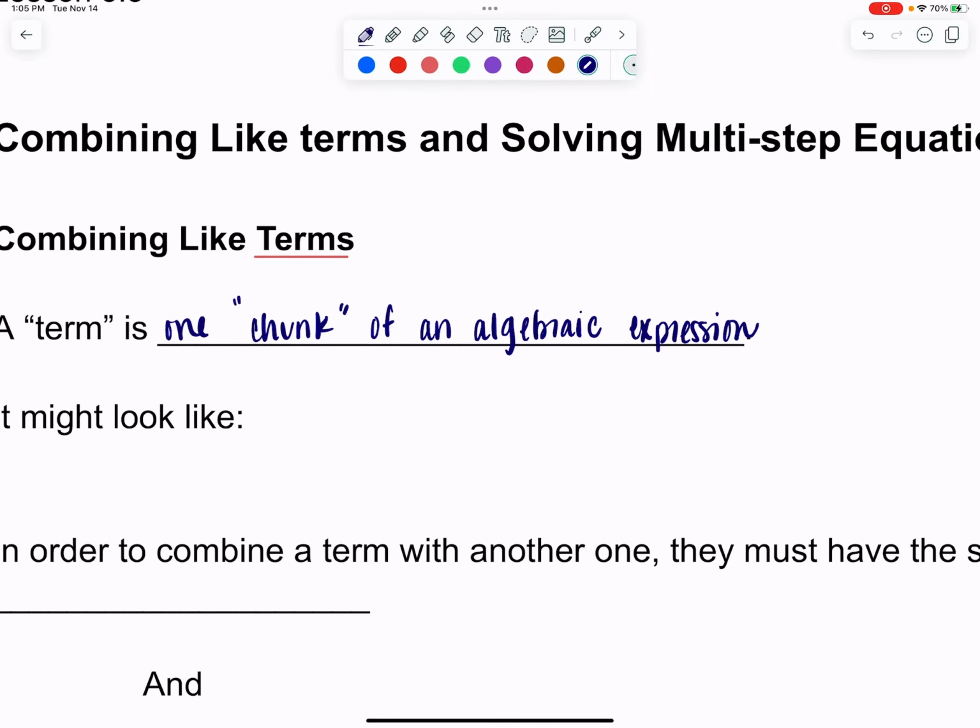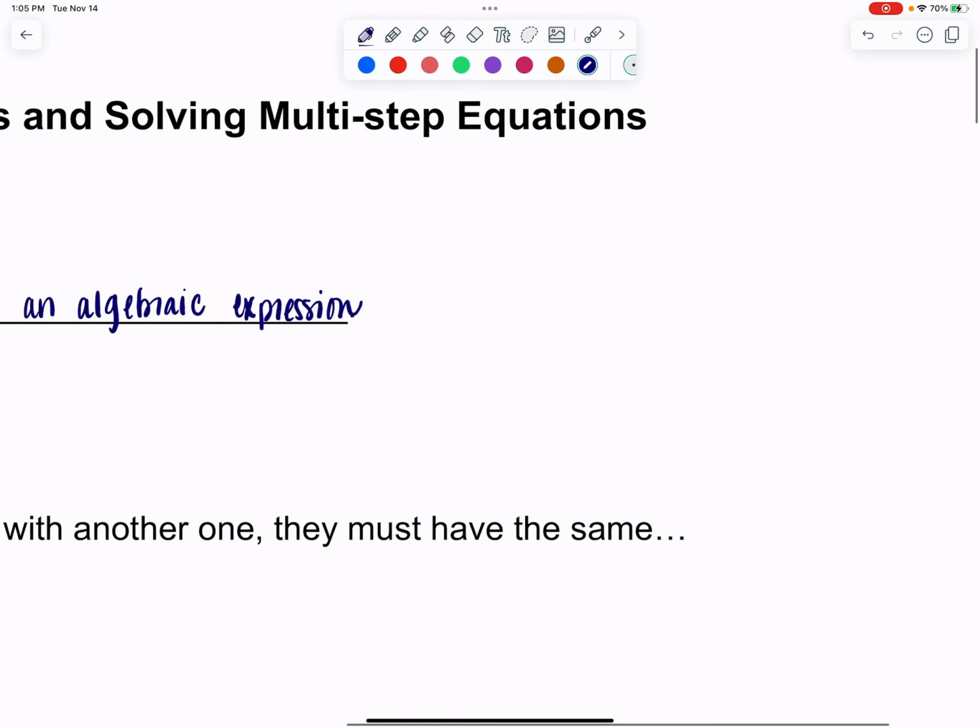I know that's not a terribly mathematical definition, but it's what makes the most sense to a lot of people. So, for example, if I gave you 3x squared minus 4x plus 6, this is an algebraic expression because it has a combination of constants and variables. It's got operations in there. So this is an expression.